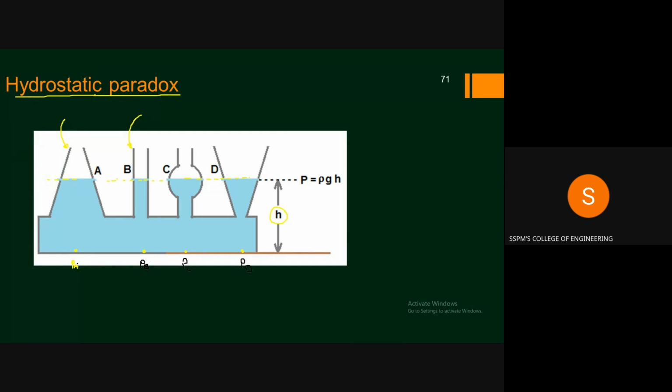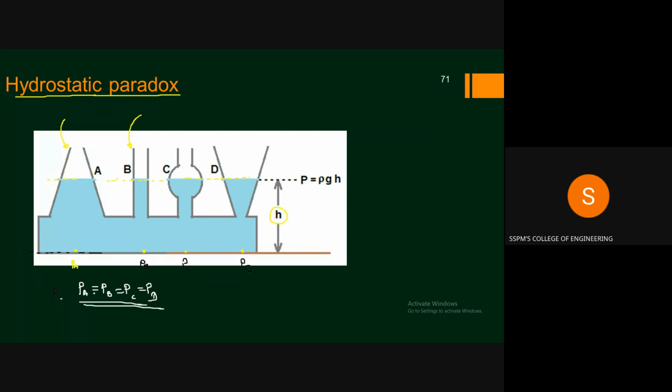Okay, so irrespective of the shape of that container or shape of the vessel, pressure at one layer will remain same. So here PA is equal to PB, is equal to PC, and is equal to PD.